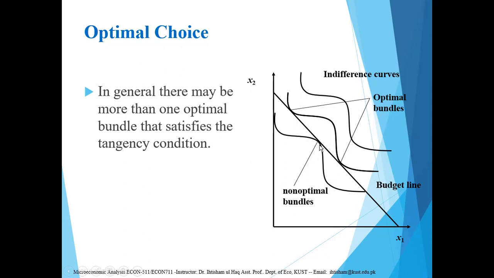Because this indifference curve is not convex to the origin, and another very important point, it is not giving the maximum attainable level of satisfaction. As we have studied, any indifference curve located away from the origin gives a higher level of satisfaction. So the optimal bundles are this point and this one.